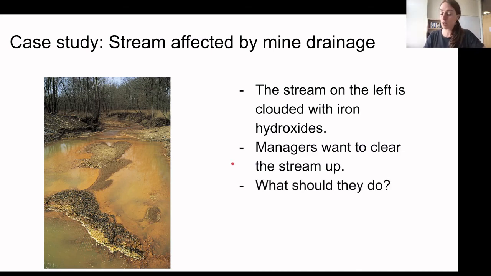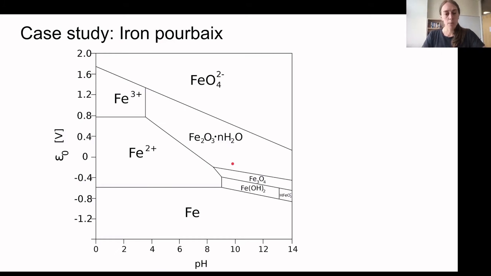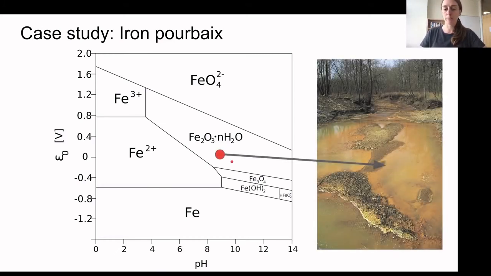What would they do? Well, you might want to look at an iron Pourbaix diagram. These iron oxides that are settling out in the water are somewhere in this space here. And if we are in the iron 2+ realm, this is where iron can be dissolved in water, and it would clear up our issue.